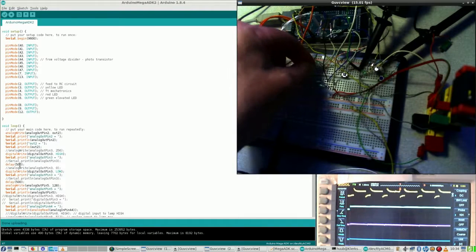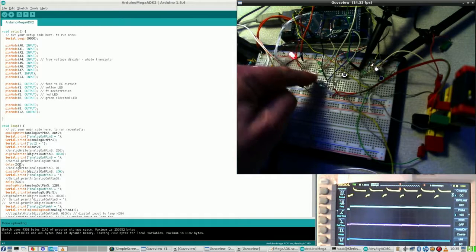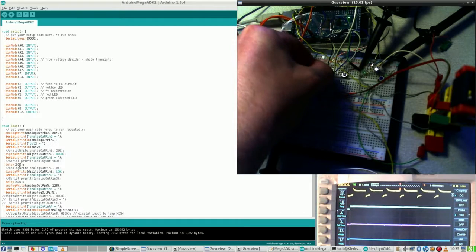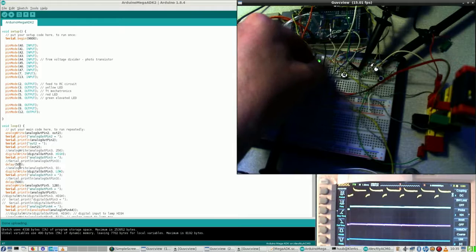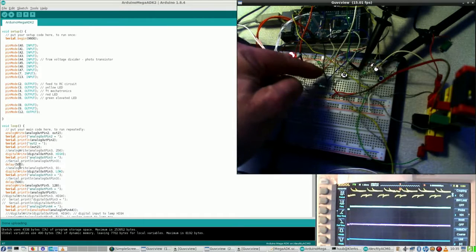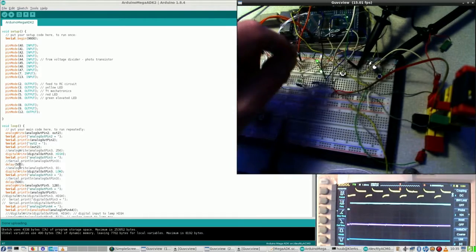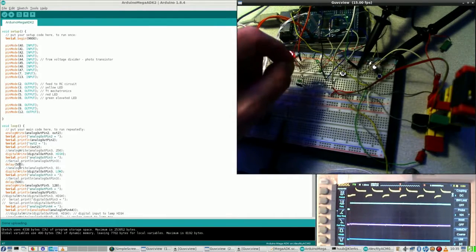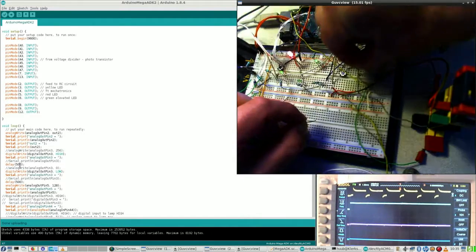Okay, turning around. Yeah, this one works, no doubt about it. And let's keep it alright, and in this direction. So if I take this one out, this one works anyway.